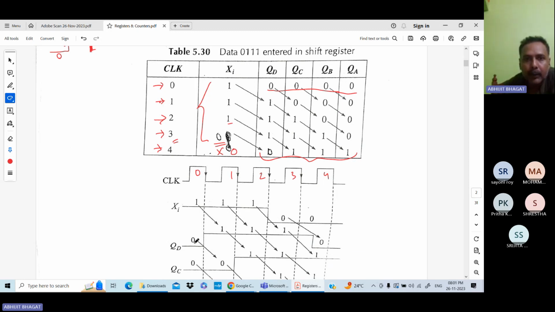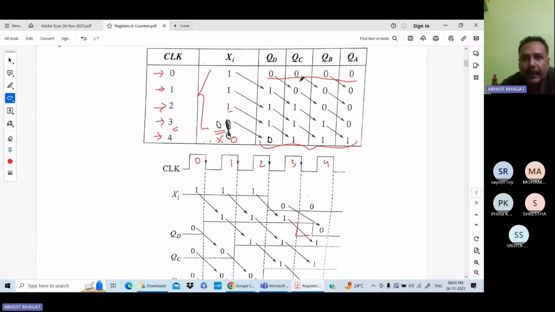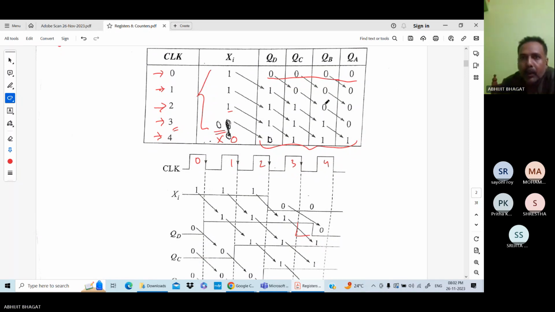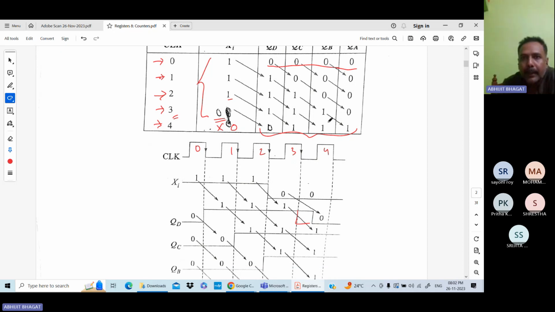You can also do this from the book, here. Next, same way QC: at clock 0 it is 0, at clock 1 it is 0, so in the first two cases it is 0, then at clock 2 it is 1, clock 3 it is 1, clock 4 it is 1, so it is 1. Clear? Same for QB, up to clock 2 it is 0, then it changes to 1, 1, 1.